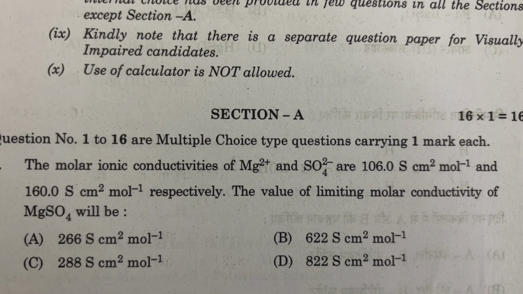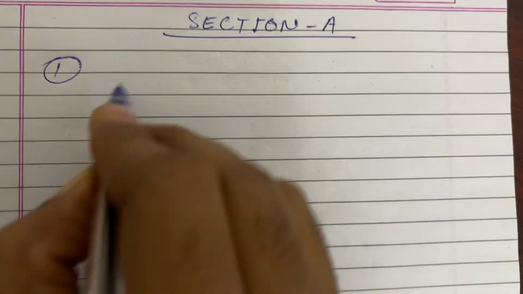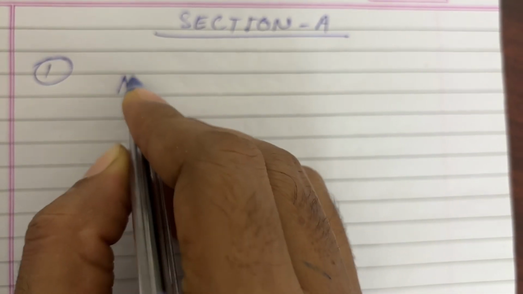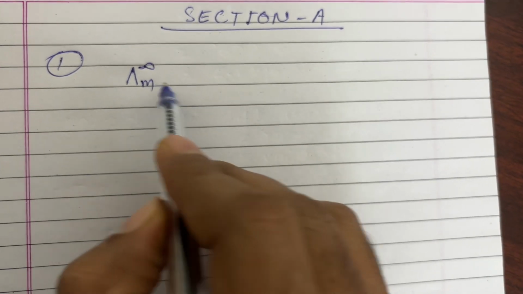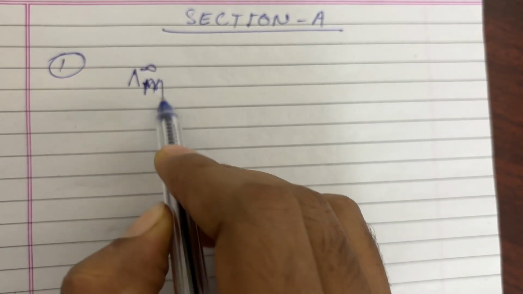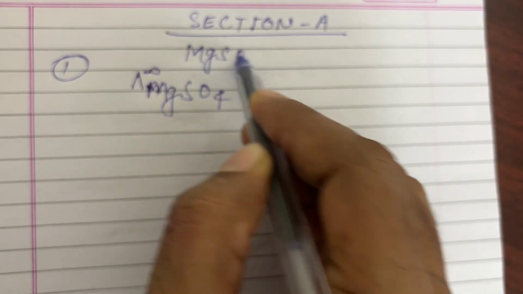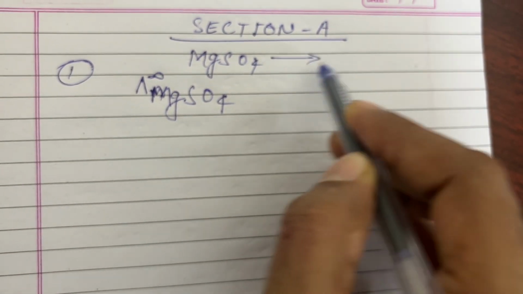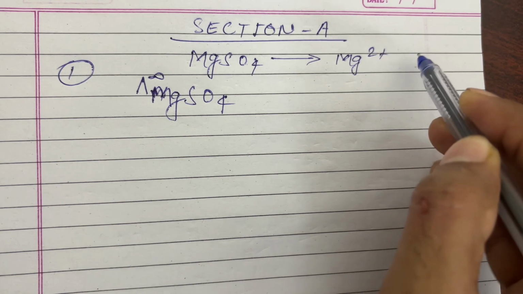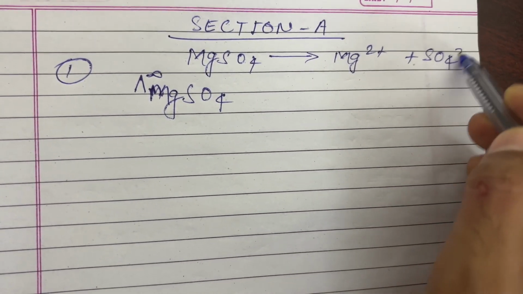Let's see how it will be the answer. Here you have to find out the limiting molar conductivity, or molar conductivity at infinite dilution, of MgSO4. As we know, MgSO4 will dissociate into Mg2 plus ion plus SO4 2 minus ion.